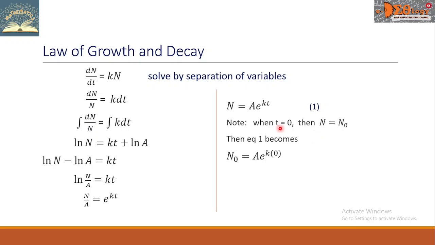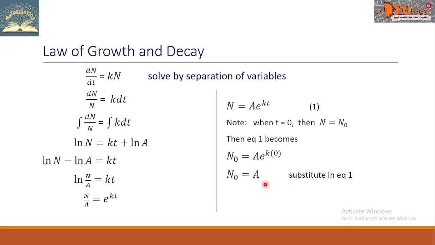When we substitute the corresponding values into equation 1, it becomes N sub 0 is equal to a times e raised to the product k times 0. The k times 0 is simply 0, and this is now e raised to 0, which becomes the value 1. It means we can simplify this as N sub 0 is equal to a.